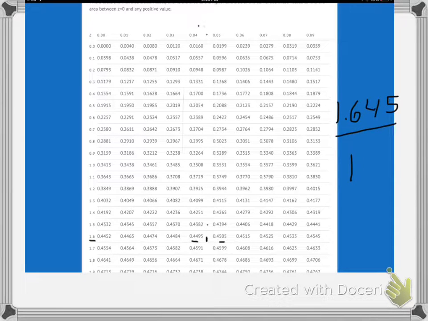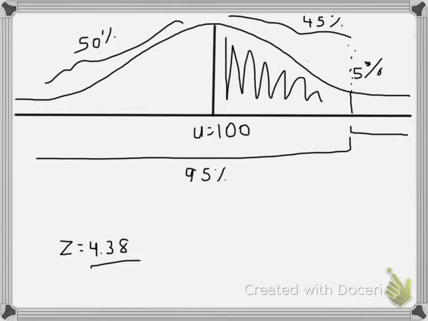So 1.645 is going to be my z-value for the 45%.